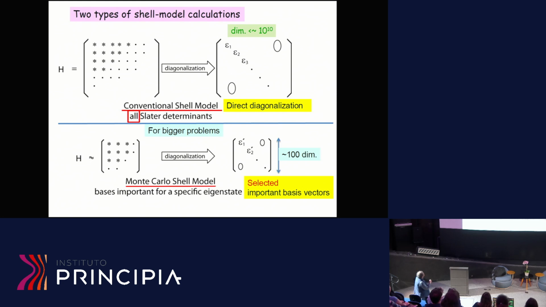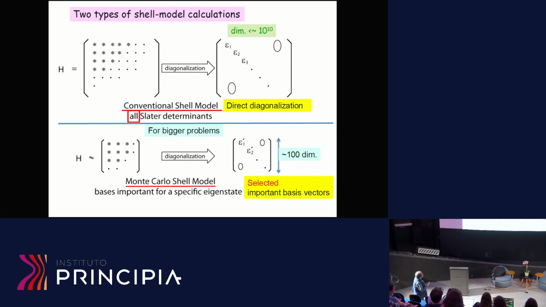Here I'm showing two types of shell model calculations. One is conventional. In the conventional calculation, you obtain a matrix of the Hamiltonian for all possible many-body basis vectors, which are usually Slater determinants, and diagonalize this matrix. If this matrix is reasonably large, then it's okay, but there is some limit like this.